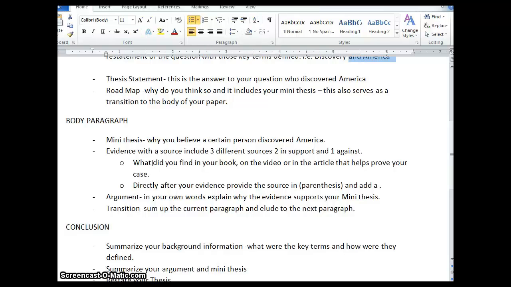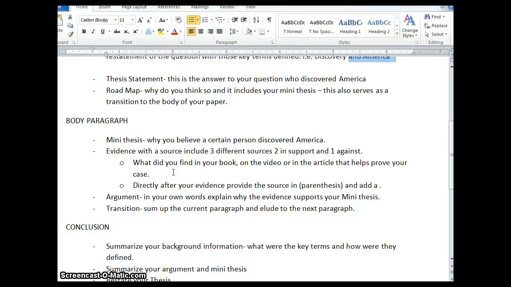Okay? So evidence number one could be in 1492, Columbus sailed the ocean blue, leaving Spain and arriving in what is present-day Haiti.